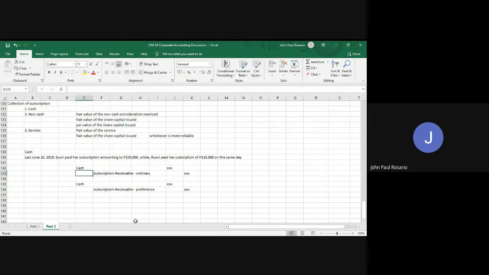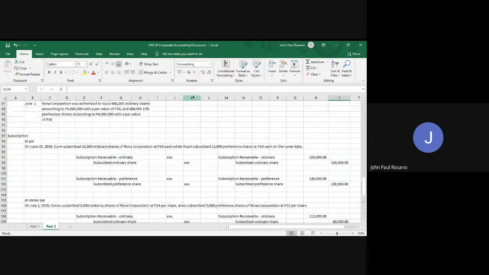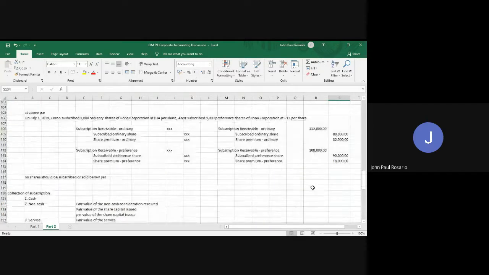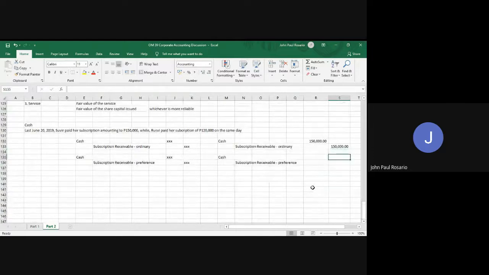So, once ka na-receive na to ilang payments, may siya tong entry diri. So, for Suvir, it's 150,000. Na cash ang na-receive. And so, makuha ang tibuok na 150,000 na receivable. And then, for Rusvi, it's 120,000.